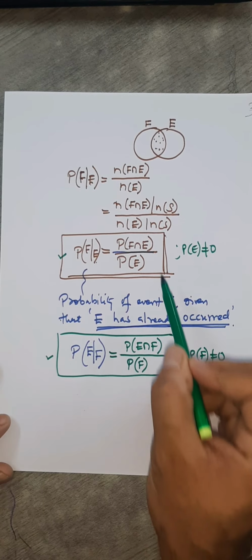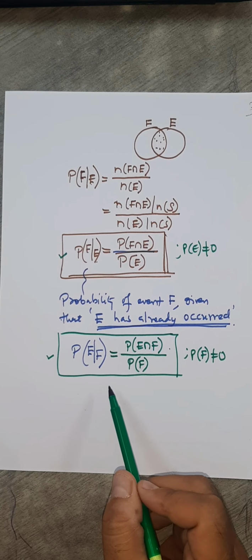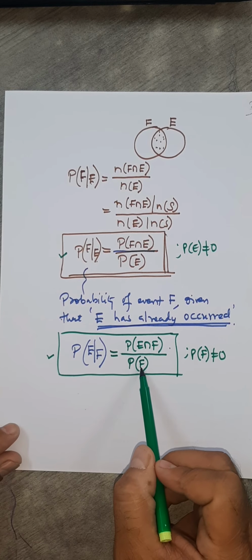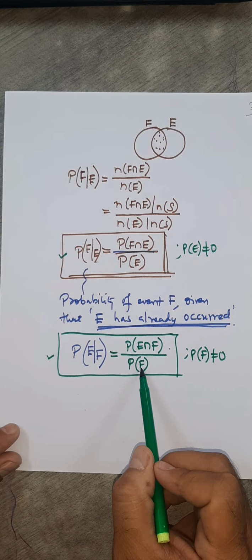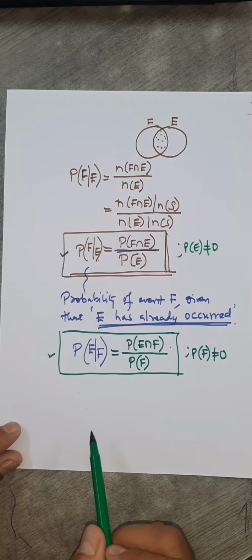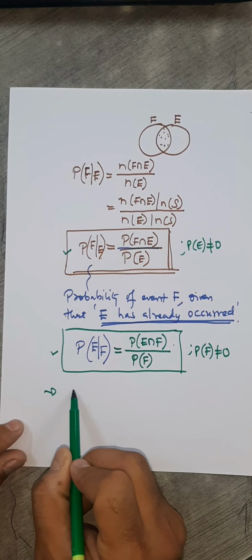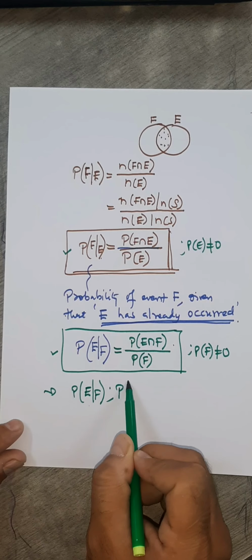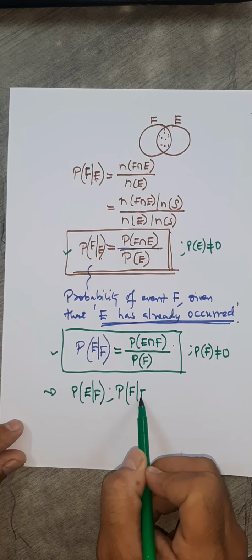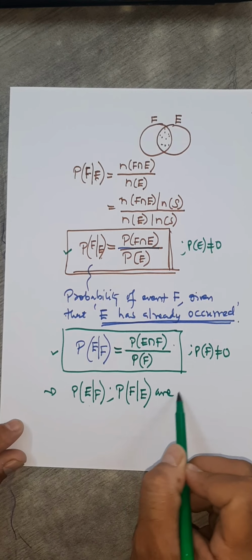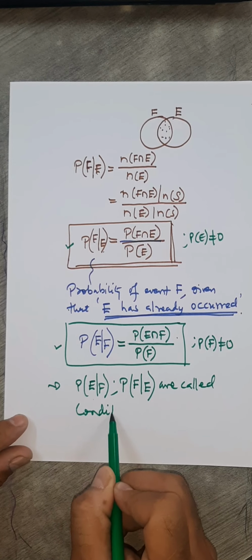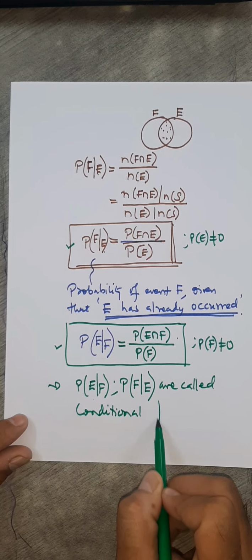The numerator is the intersection at both places. Here F is the sample space, and there E is the sample space. Probability of E given the event F and probability of F given the event E are called conditional probabilities.